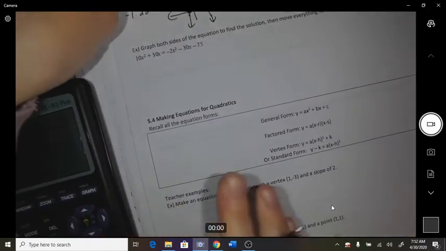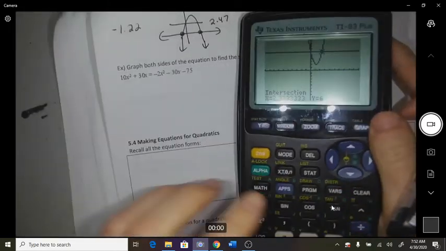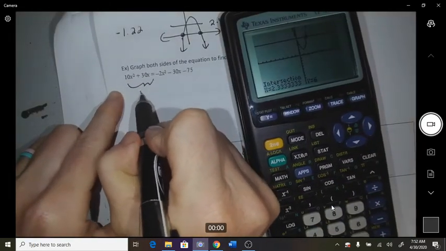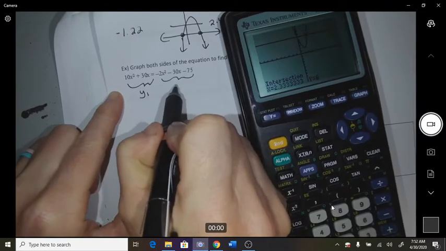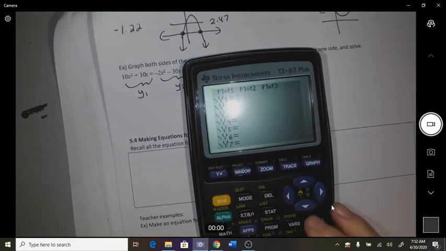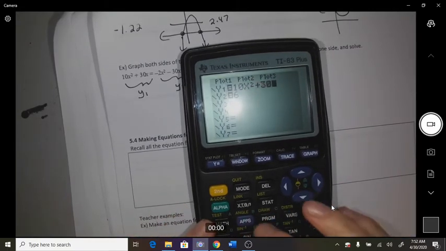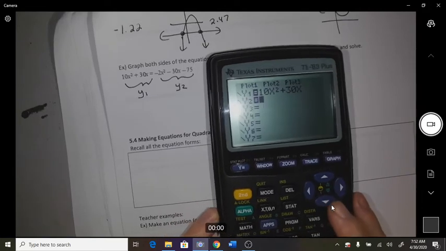And the last question, graph both sides of the equation to find the solution. So this will be your y1, and that will go into your y2. So 10x squared, y1, and y2.